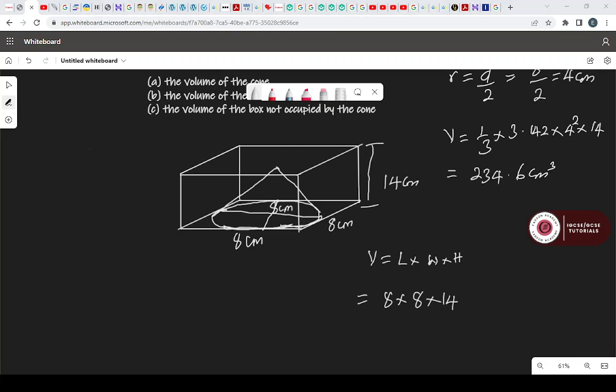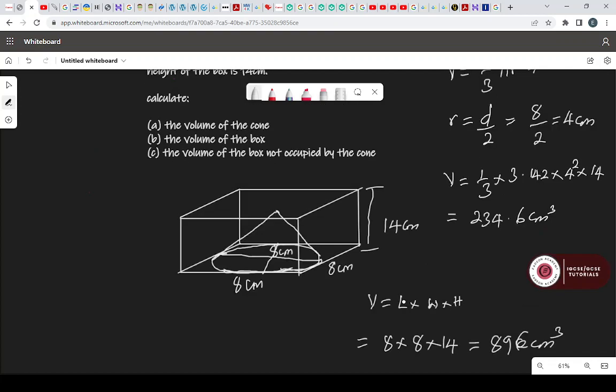Again, I plug the values into my calculator. 8 times 8 is 64. 64 times 14 gives me 896. 896 centimeter cube as the volume of the box.